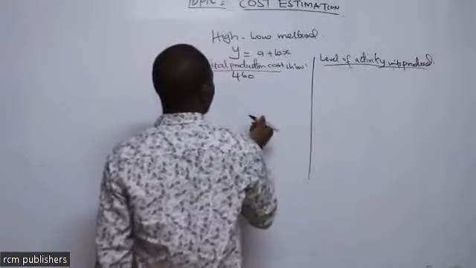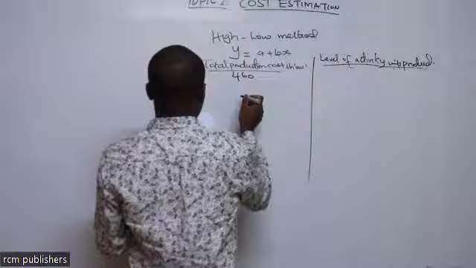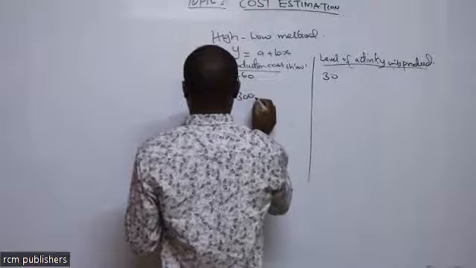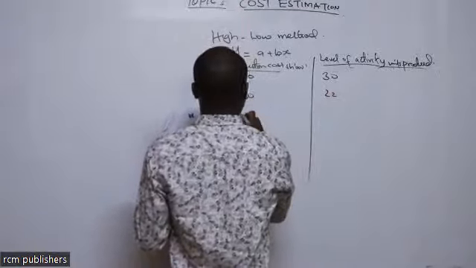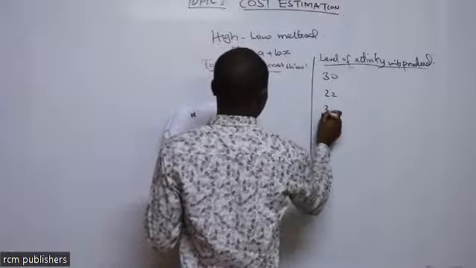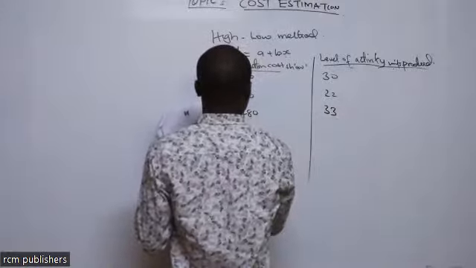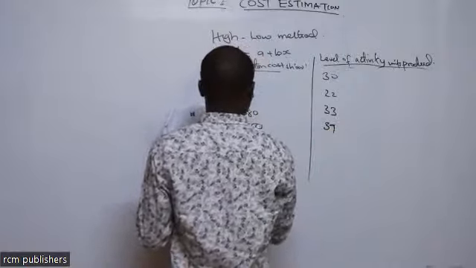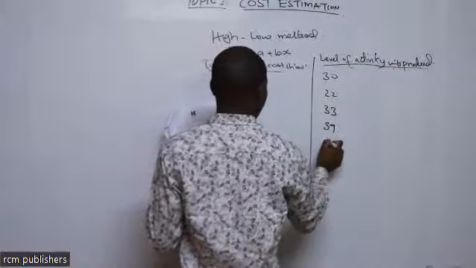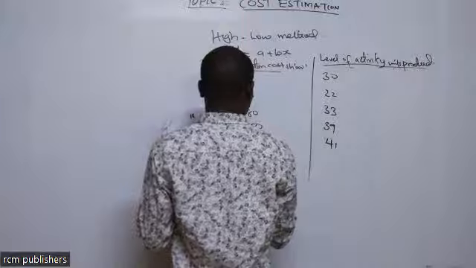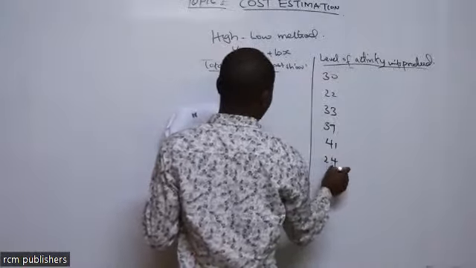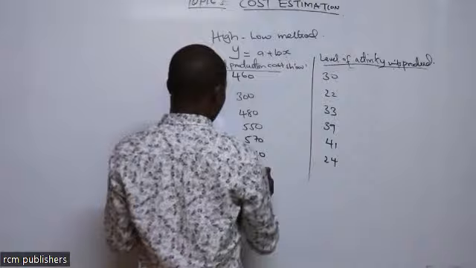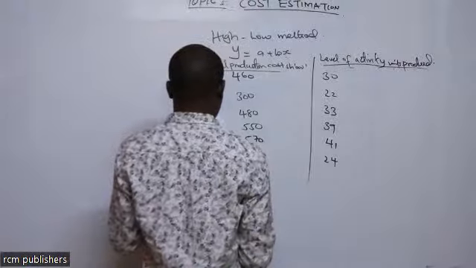Of course, there are only those 2 columns. So the first one is 460 against 30. We have 300 against 22. We have 480 against 33. We have 550 against 39. We have 570 against 41. We have 310 against 24. We have 410 against 29.